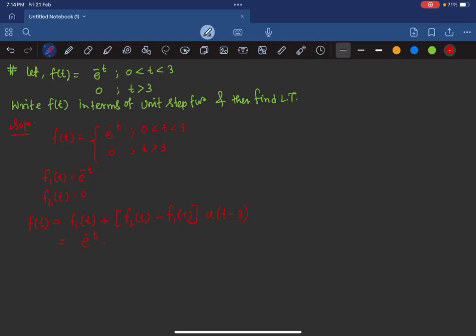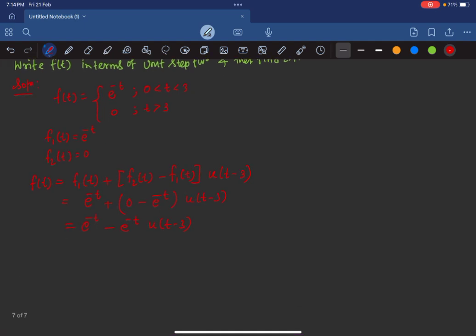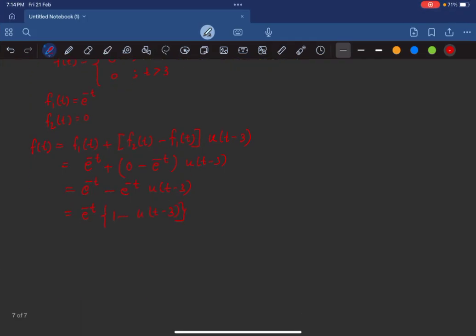So f1 is e^(-t), plus f2, which is 0, minus e^(-t), times u(t - 3). So you have e^(-t) minus e^(-t) u(t - 3), which is e^(-t) times (1 - u(t - 3)).